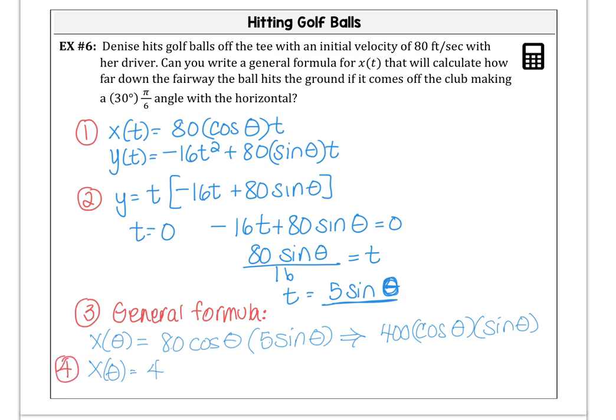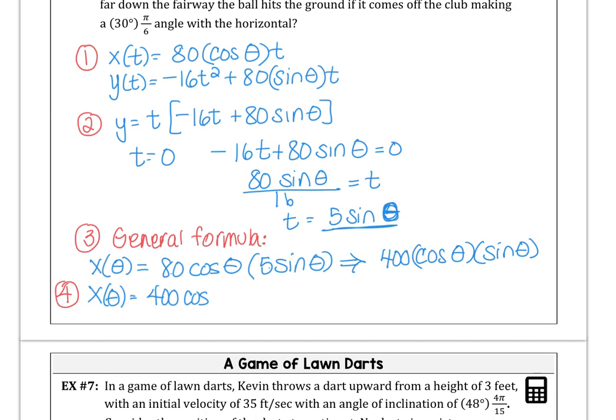We have 400 cosine pi over 6 times the sine of pi over 6, and that calculates to be 100 square root of 3, and that is about 173.205 feet.